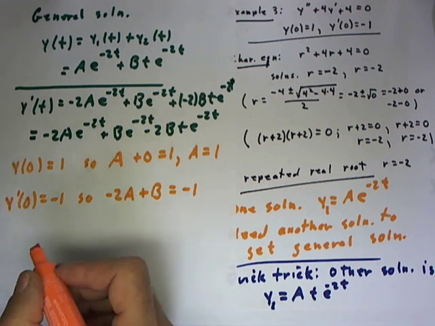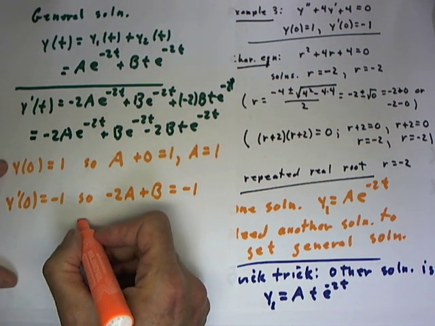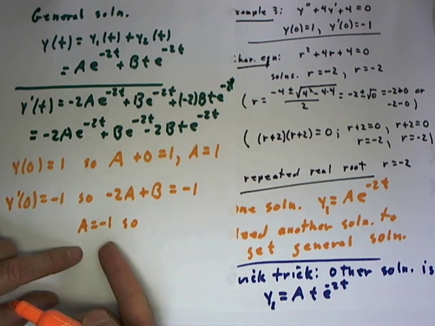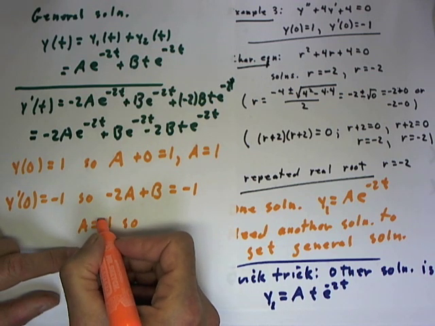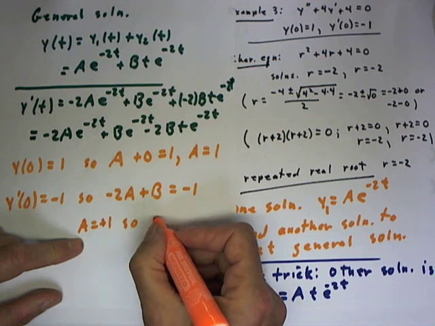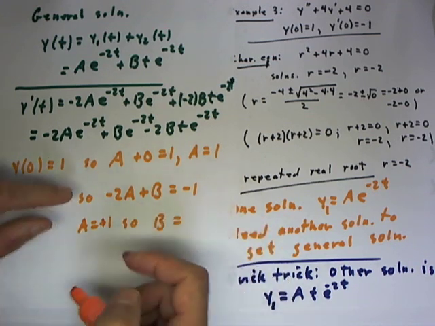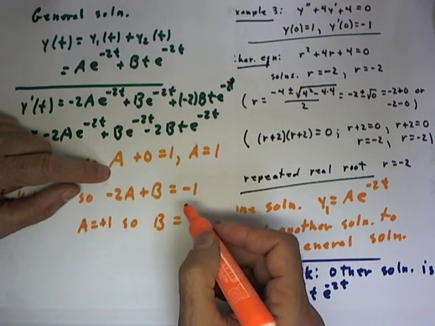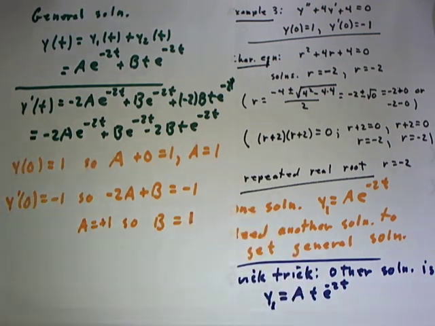So, a equals negative 1. I'm sorry, a equals plus 1. A equals 1, so we're going to get b equal to what? Well, we have negative 2 plus b equals negative 1. If we add 2 to both sides, we get b equals 1.